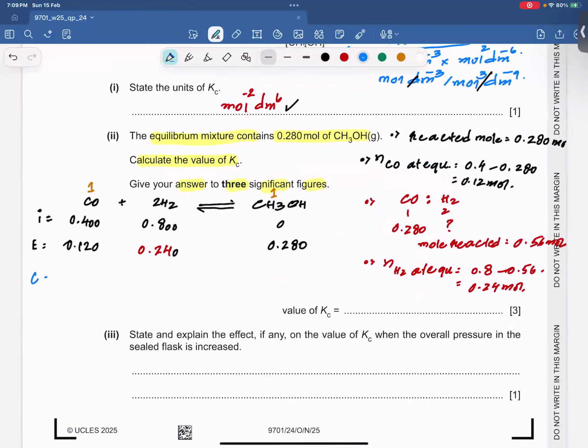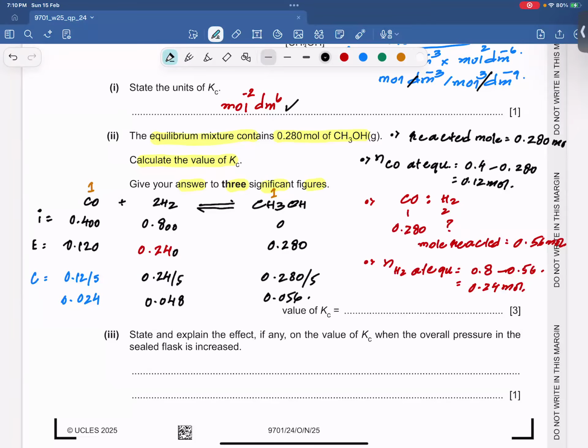So to get the concentration, 0.12 divided by 5, I'm going to get 0.024. 0.24 divided by 5 is going to be 0.048, and 0.28 divided by 5 is going to be 0.056. So I've got the concentration of reactant and product. I'm going to plug in these values in the formula to get the answer.